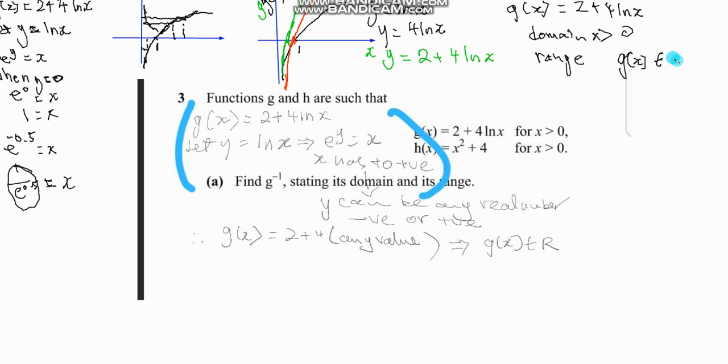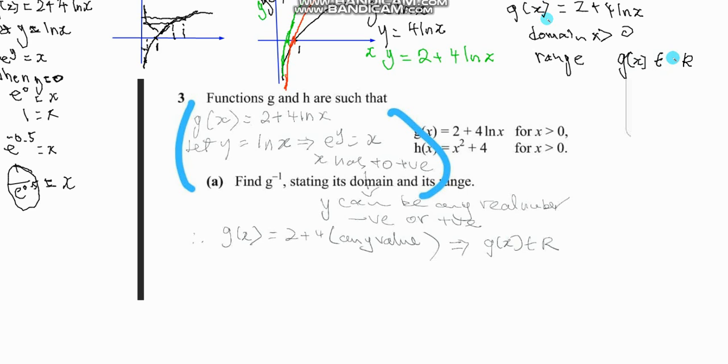Okay, now so the function g(x) takes elements, whatever the g(x) value is, from R. The real number can be any real number. So now if I can prove that there is an inverse function for g(x), that means it's a one-to-one function.